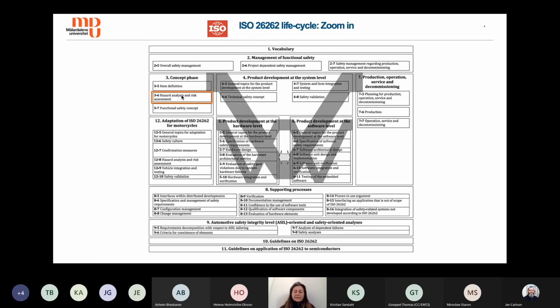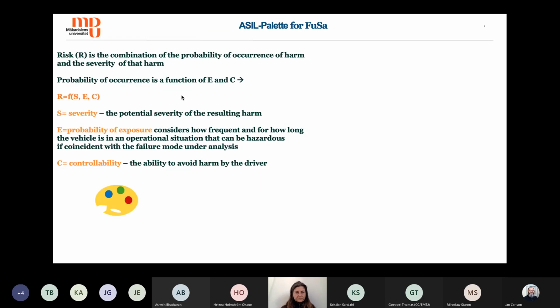Let's try to understand a little bit more about this phase that is done very early in the V model, which is suggested to be adopted while you are conceiving your system.